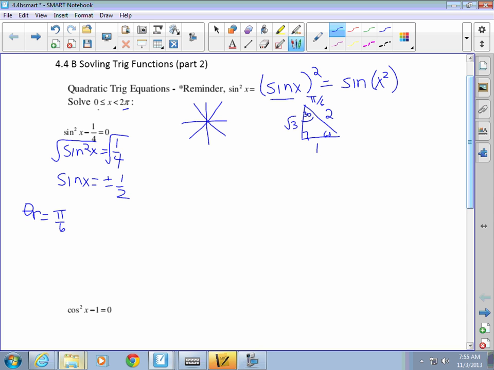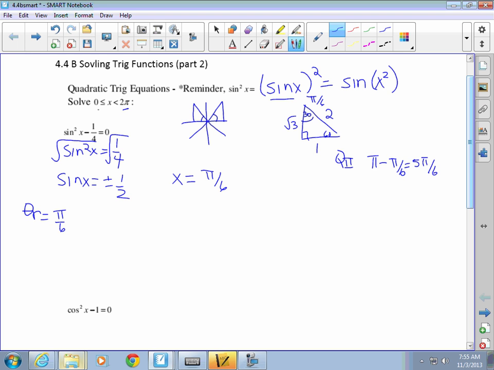So now I have to figure out what these would be in all of the other quadrants. In quadrant 1, it is just going to be pi over 6. In quadrant 2, if my reference angle is pi over 6, then I'm doing pi minus pi over 6.